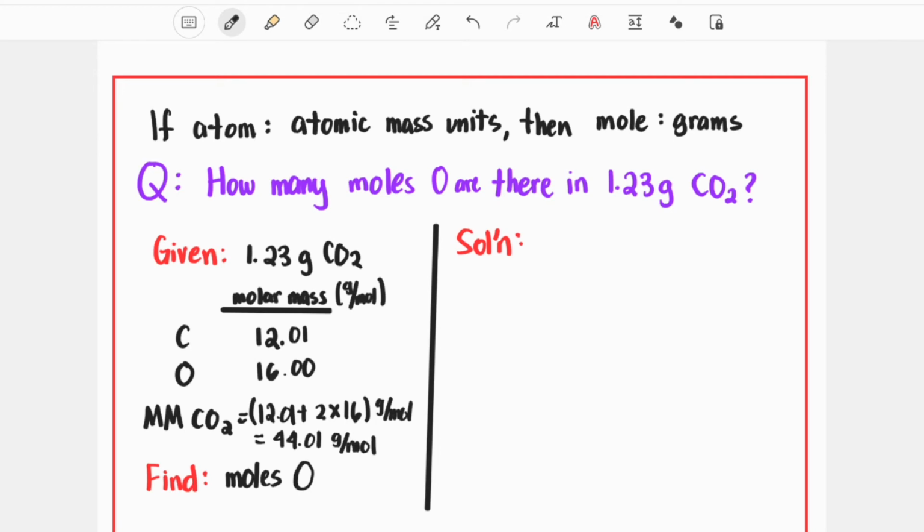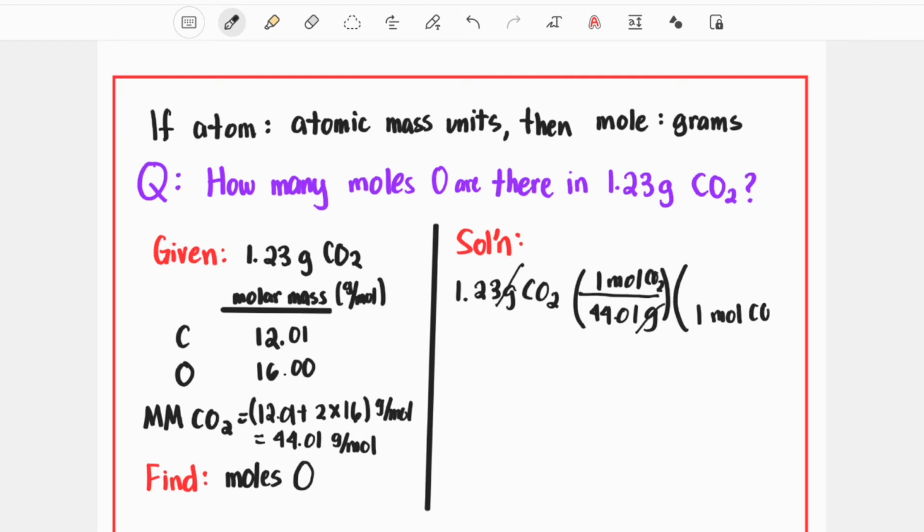This is just a simple conversion problem. We'll start with 1.23 grams of carbon dioxide. We know that in 1 mole of carbon dioxide, there are 44.01 grams per 1 mole. Again, the grams are in the denominator because I want them to cancel out. We want to look at oxygen specifically. So, I need to convert carbon dioxide into oxygen.